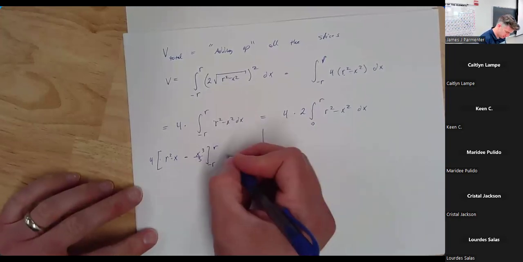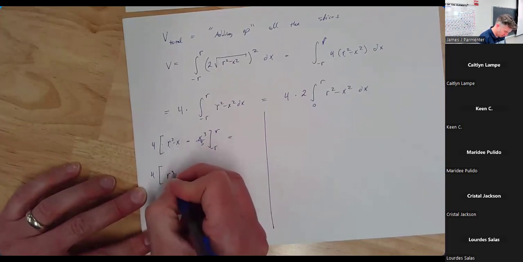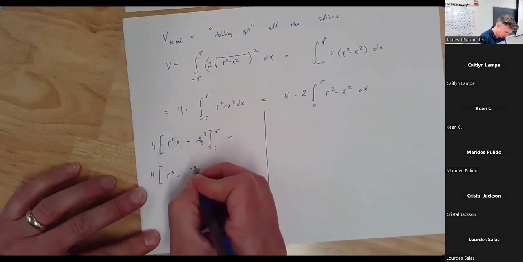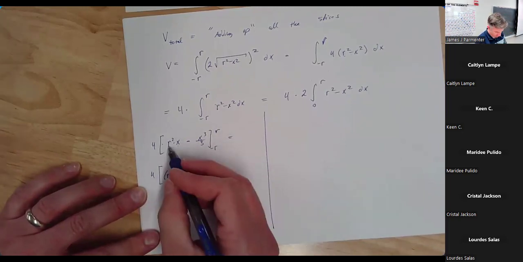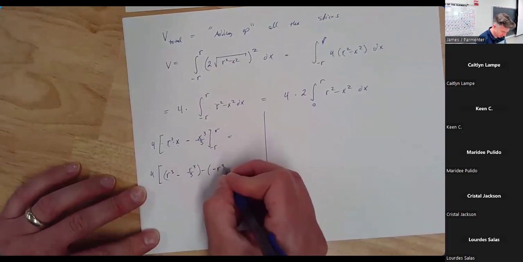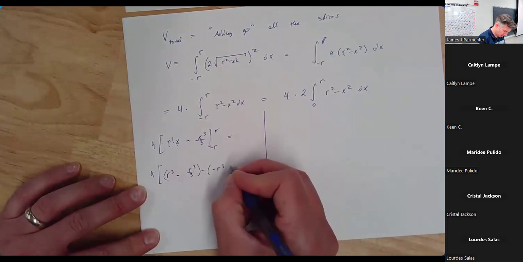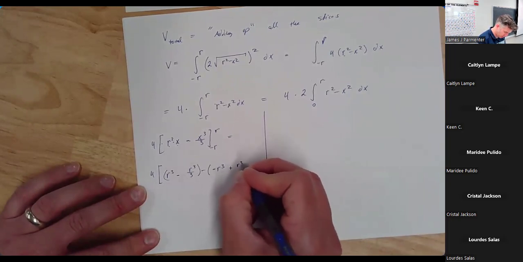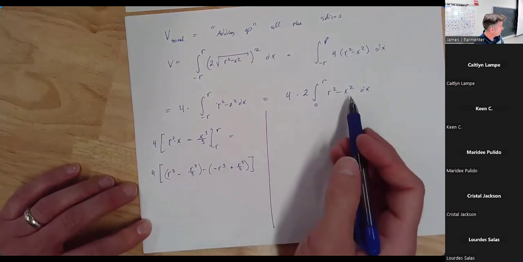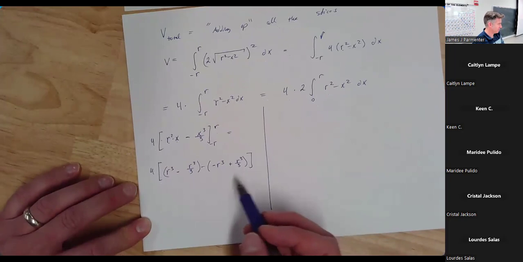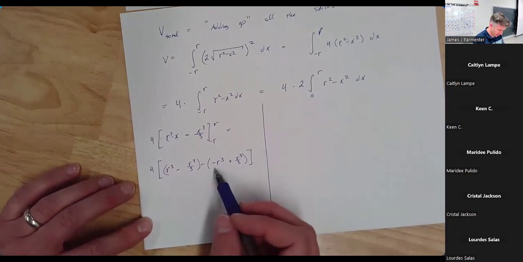We plug in, we get 4 times r squared times r, which is r cubed, minus r cubed over 3, minus, we plug in the negative r, we get r squared times negative r, which is negative r cubed, and then minus a negative r cubed over 3 is going to be a plus r cubed over 3. This, by the way, is why I like doing it the other way, because this part gets a little dicey with the negatives being raised to a power. But we'll see that we get the same thing.